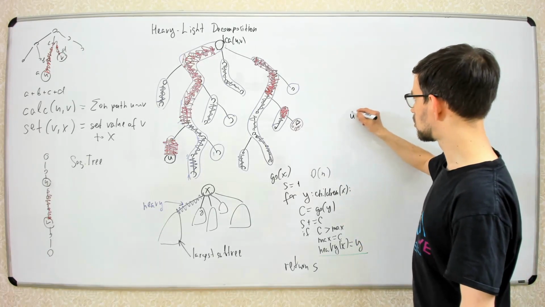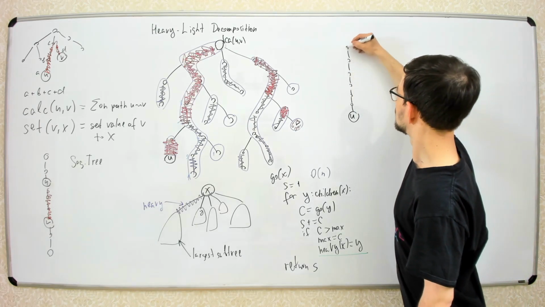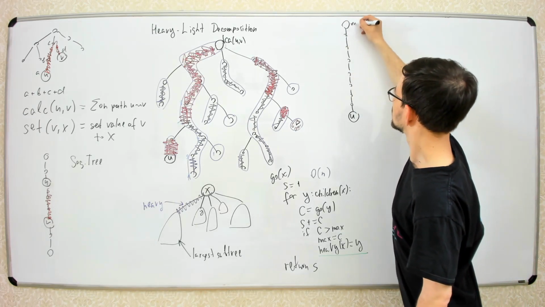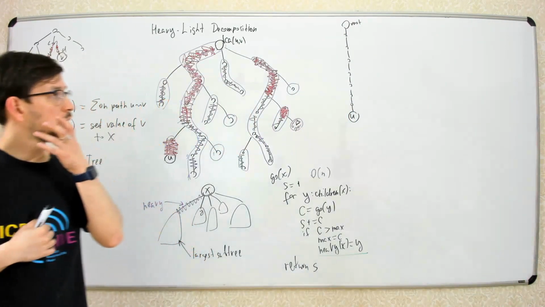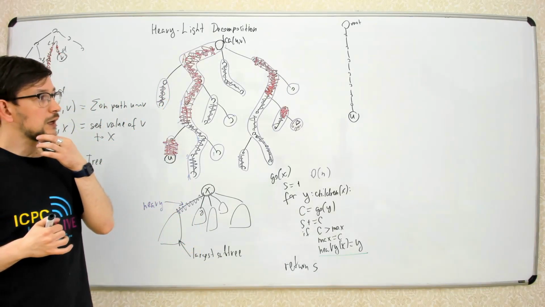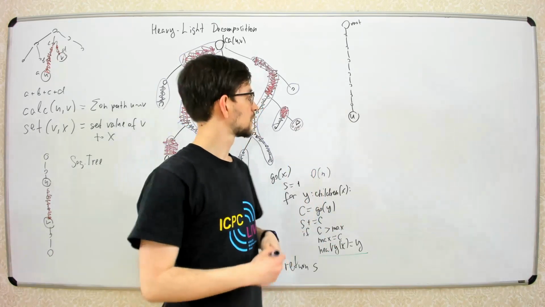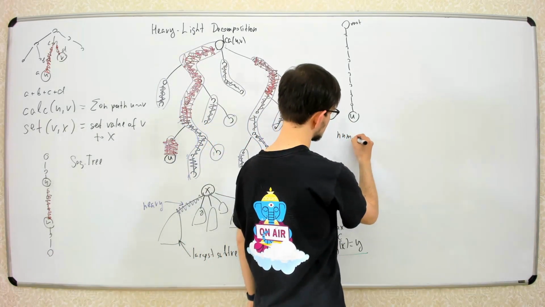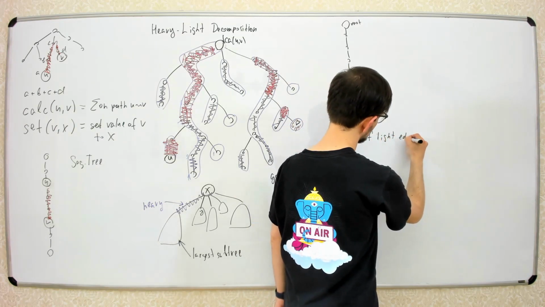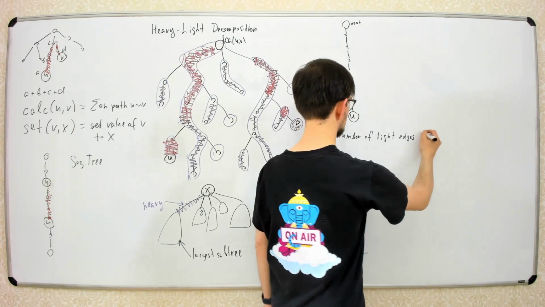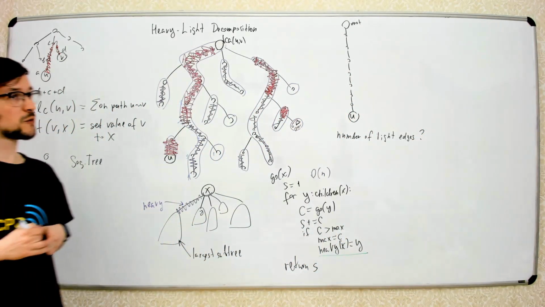So let's look at some node U and this path from U to the root of the tree. And let's calculate the number of different light edges on this path. It turns out this number is pretty small.